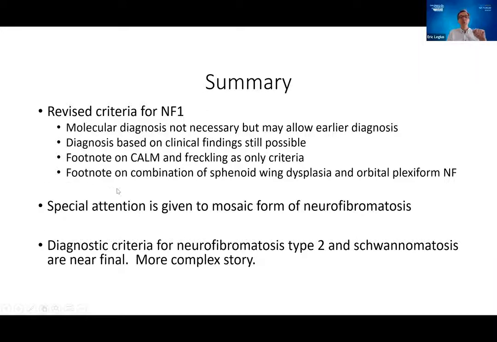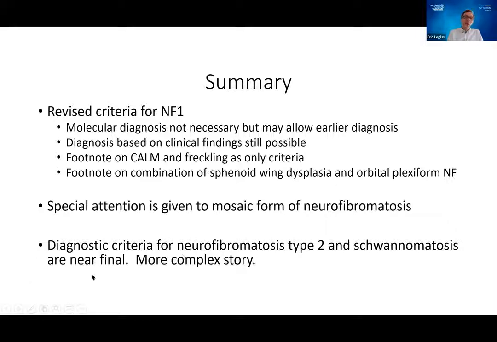And also a footnote on the combination of sphenoid wing dysplasia and orbital plexiform neurofibroma, because in a rare case, these two things happen together without any other physical findings of neurofibromatosis type 1. And then we are probably in the situation of mosaic NF1. So we gave special attention to the mosaic form of neurofibromatosis type 1.